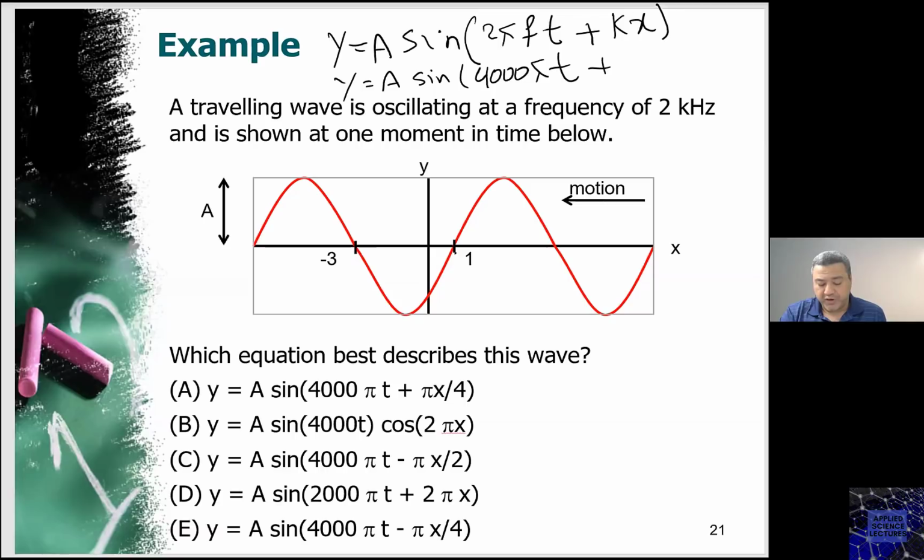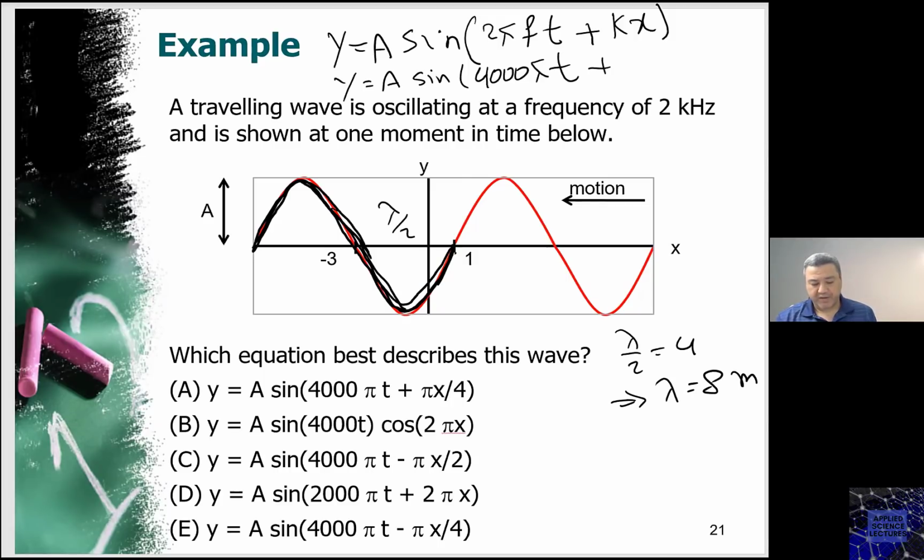What we know here is that if this is one full cycle, then this one is lambda over 2. And I know lambda over 2 equals 4, from minus 3 to 1. So lambda over 2 equals 4, which means lambda is 8 meters, right?